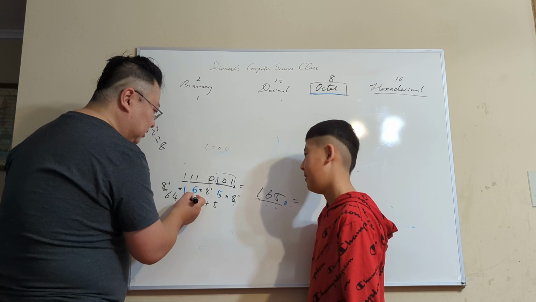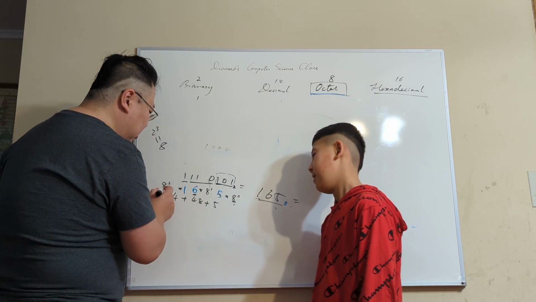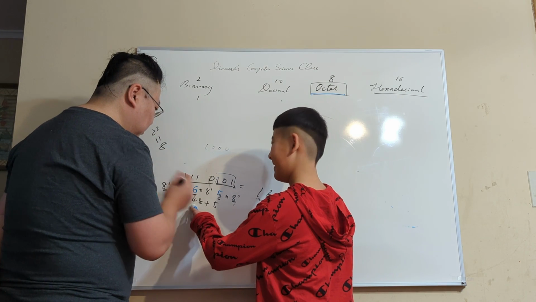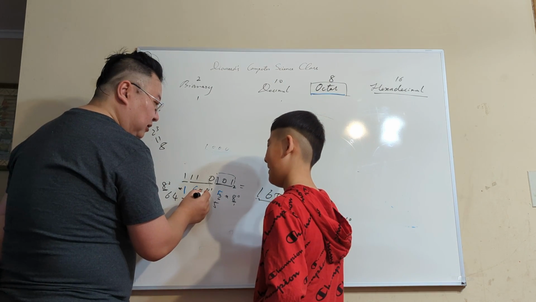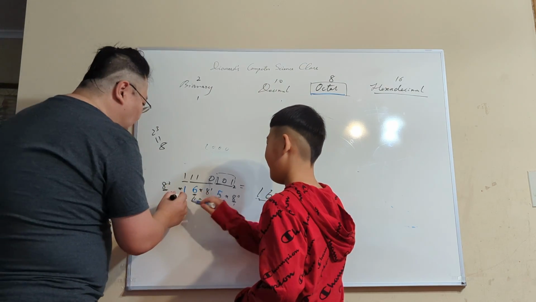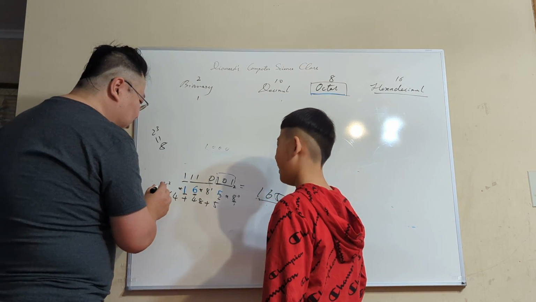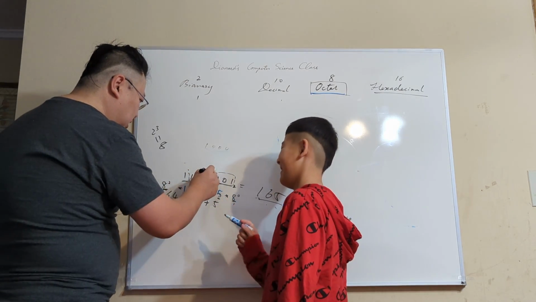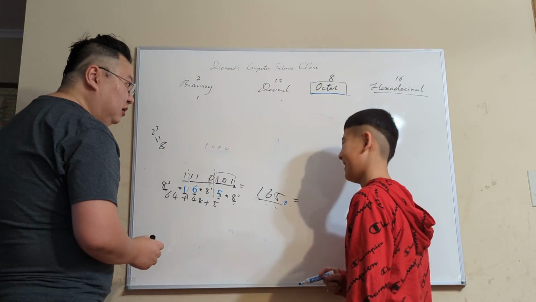Because here we are using decimal to present. How is this 48? 6 times 8. And what about the 1 here? 1 times 64. I thought it was 16. No. You got it? Yes.